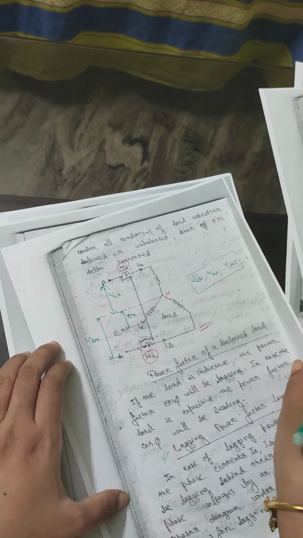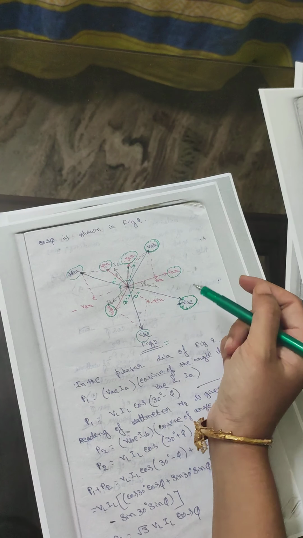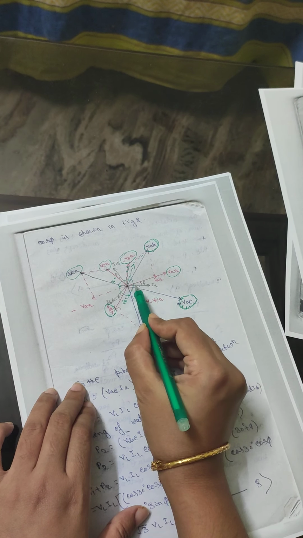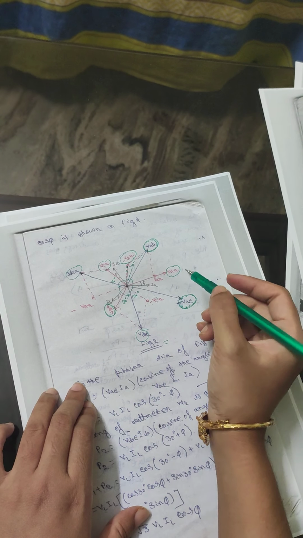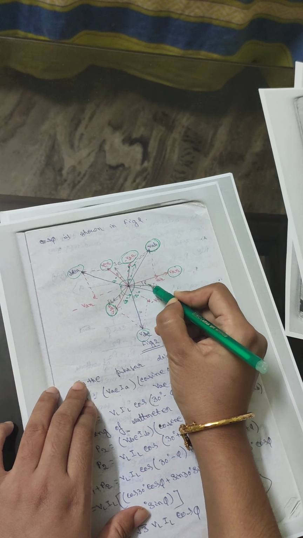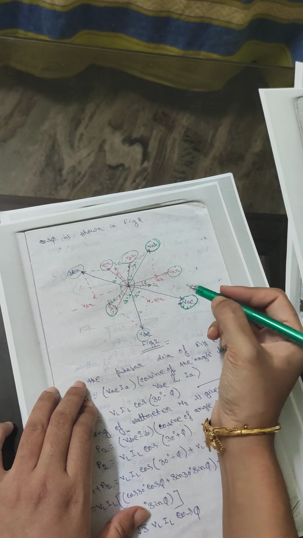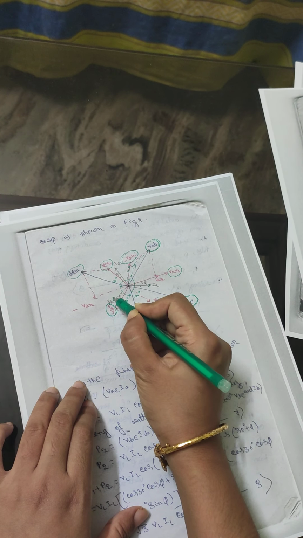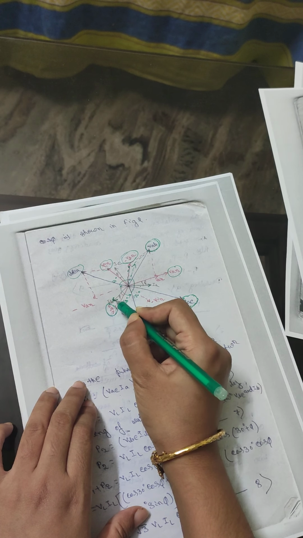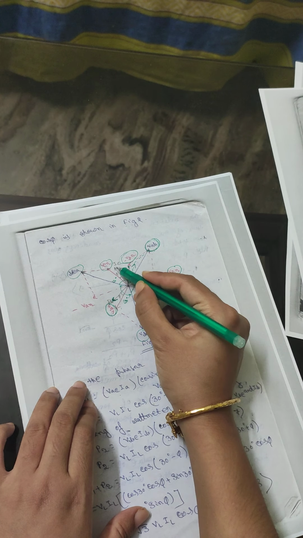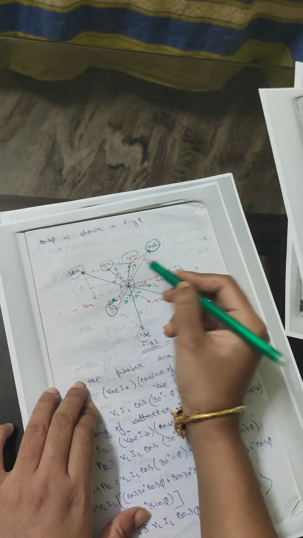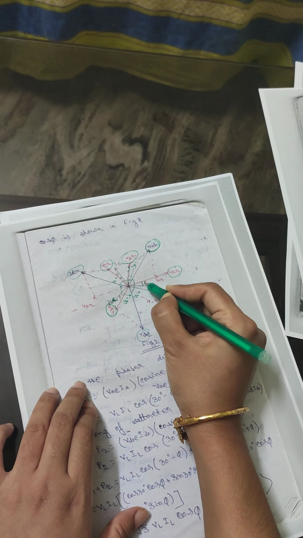They are lagging in nature. That means IA is lagging. Here IB is lagging than VBN. Here IC is also lagging than VCN. That angle is phi. Here also that angle is phi.